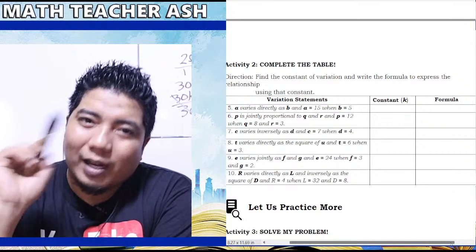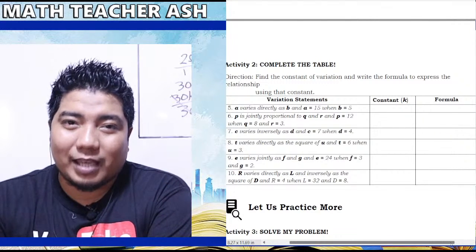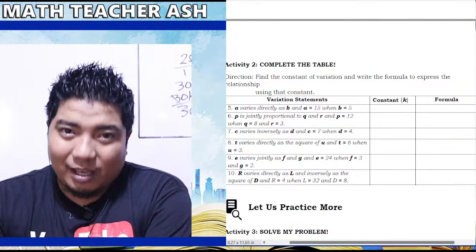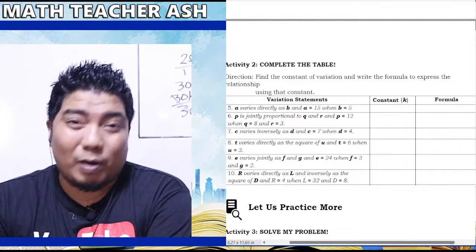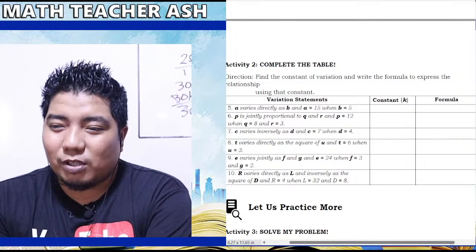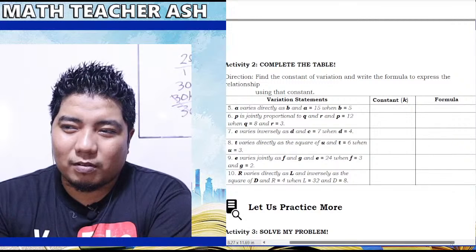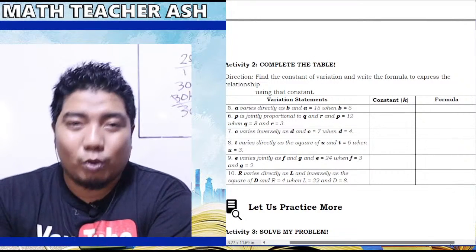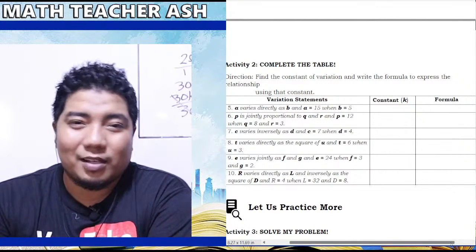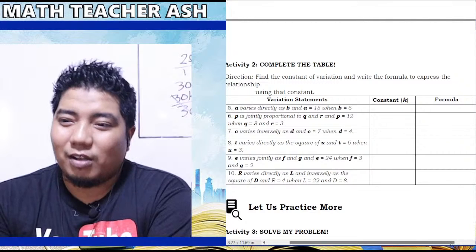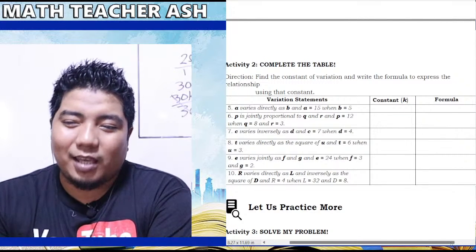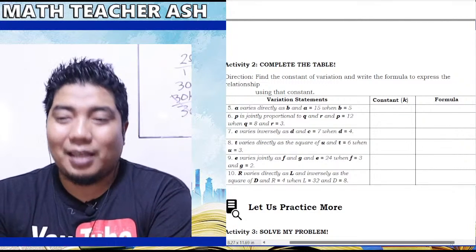Huwag niyong gawin ang KB. Bakit? Because the KB will serve as a formula for the whole, pero without the constant. So, dito sa formula na ito, tinatanong, ano yung constant of variation when you already solve the K. Okay? So, ulitin ko, the formula here is A is equal to 3B.